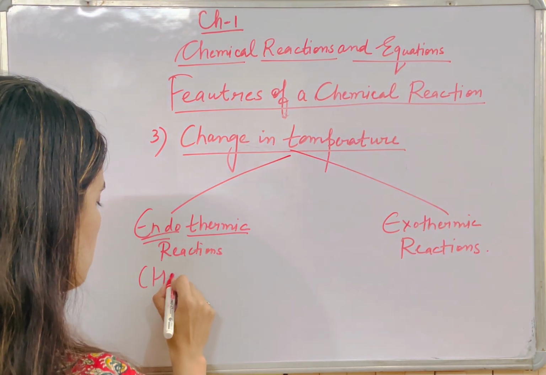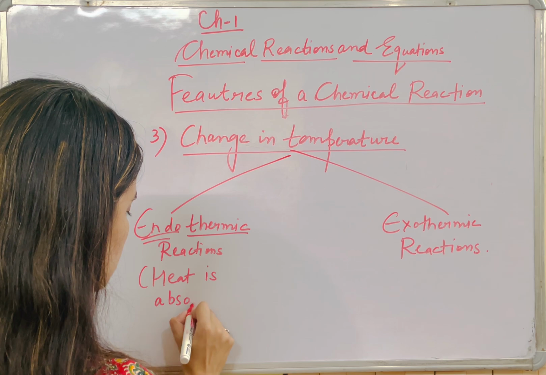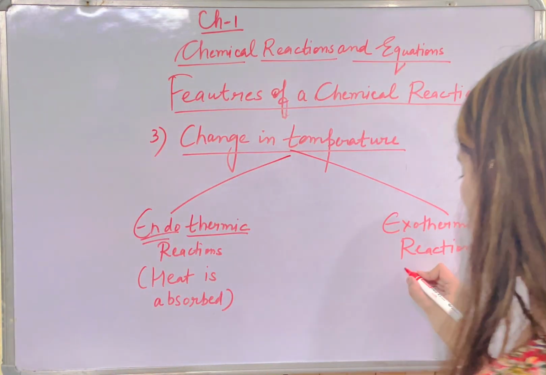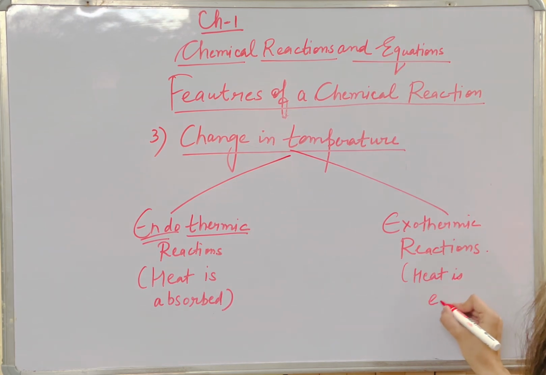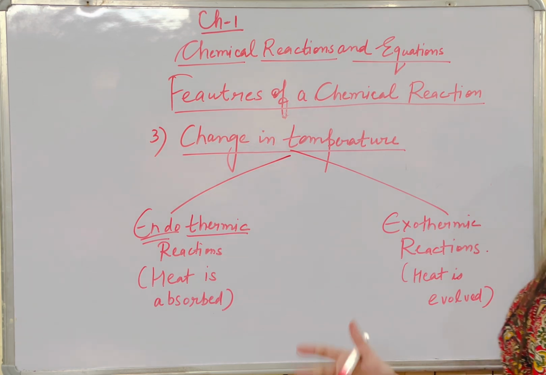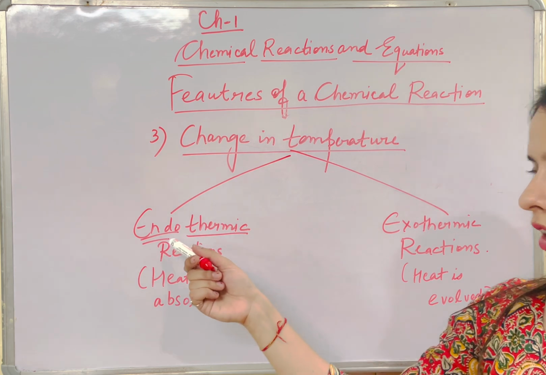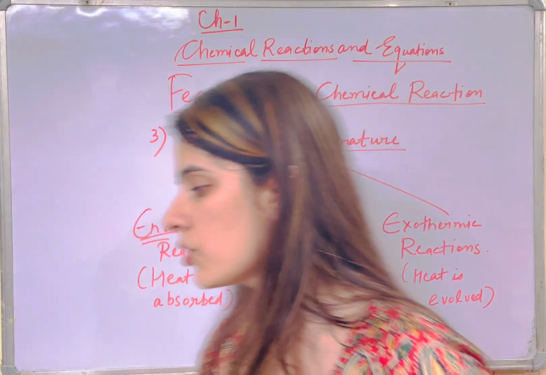So reaction in which heat is absorbed, in which heat is required, and exothermic reaction in which heat is evolved. So we are going to discuss, I'm giving you some examples of endothermic reaction and exothermic reaction.